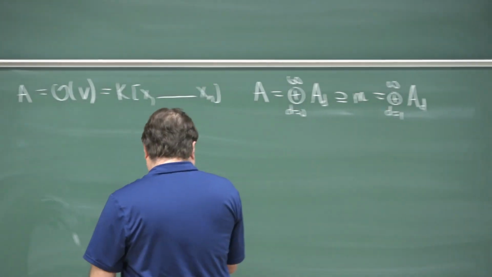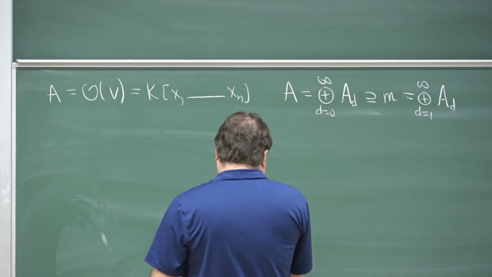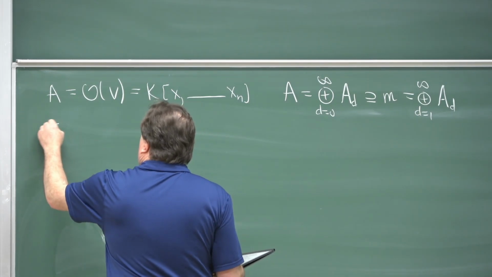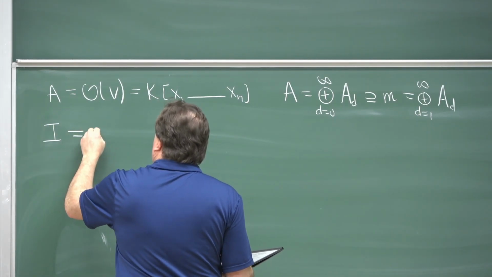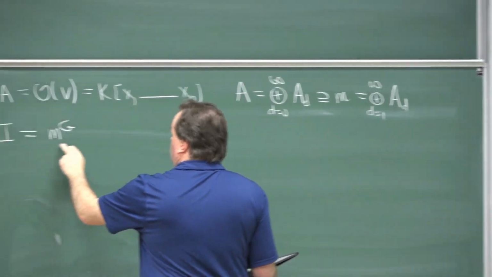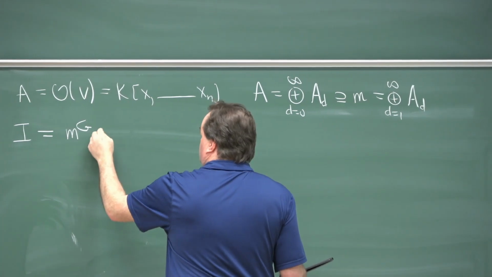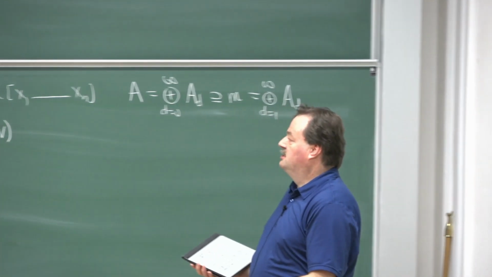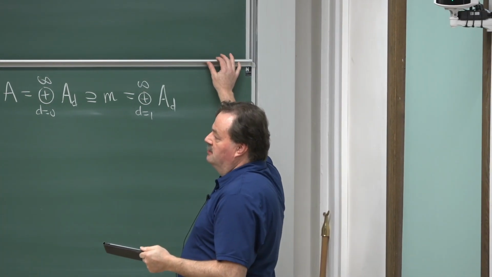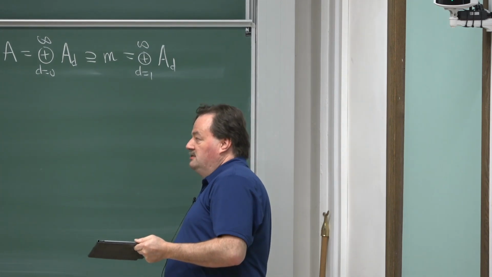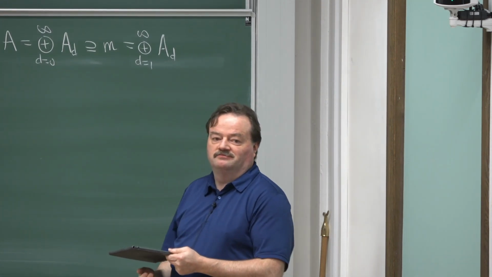And then let I be the ideal generated by all the invariants in M. Okay, so this is the ideal generated by all homogeneous invariants of positive degree.